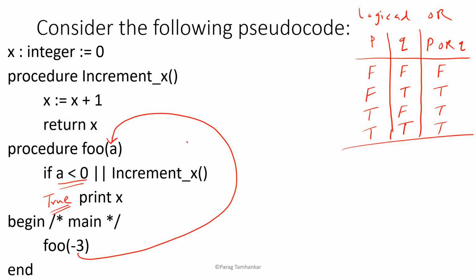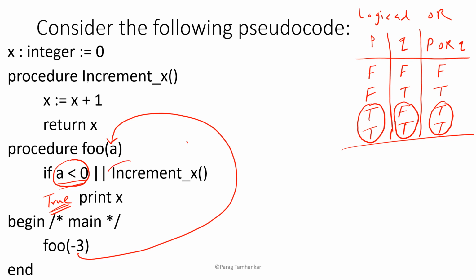And if you look at the truth table, when you see that the first part of the condition is true, then it really doesn't matter what the second part of the condition is. It can be either false or true. We know the final output has to be true, because we know that the first part of the condition, a less than 0, itself is true.